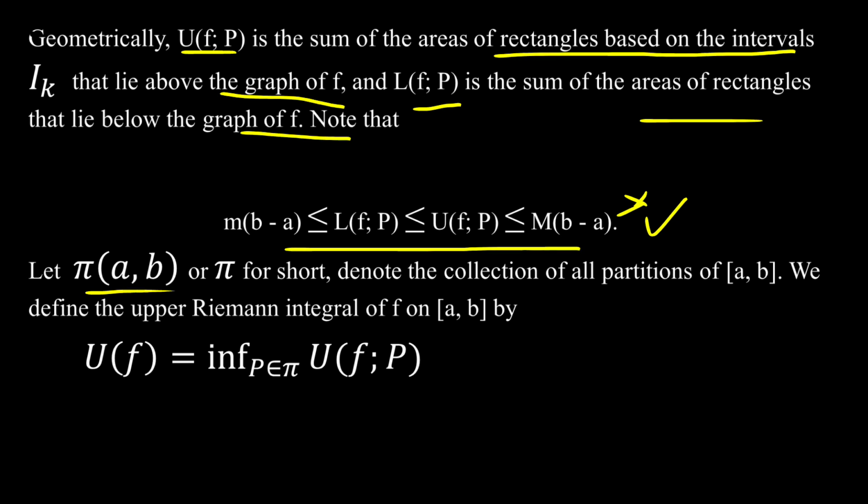So if we let P, or phi for short, just use P, denote the collection of all partitions in this given interval, then we will be able to define what we call the upper Riemann integral.